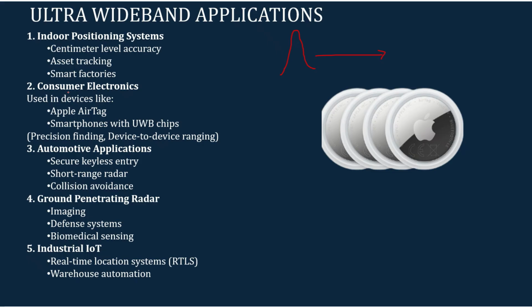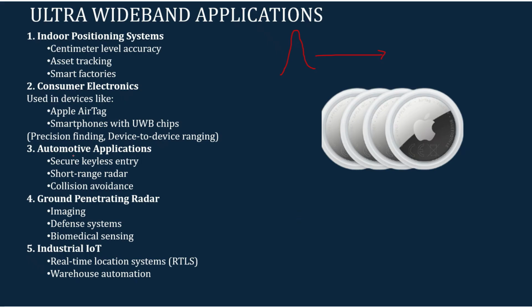Another one is consumer electronics. You may have seen AirTags, and you may have used them to track objects. This is also used for device-to-device ranging and precision finding.